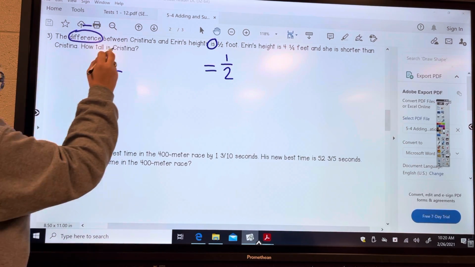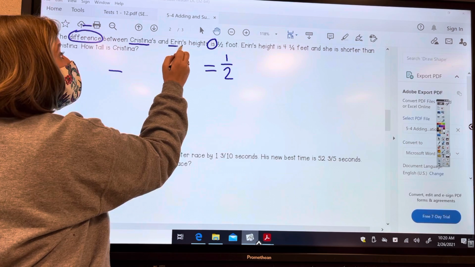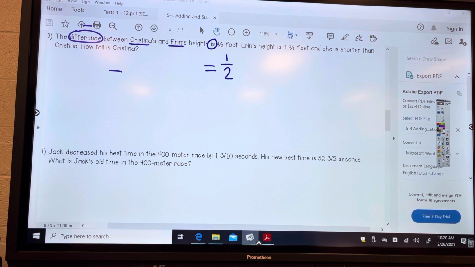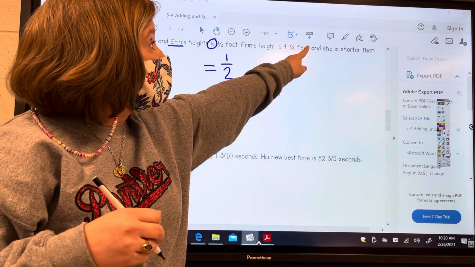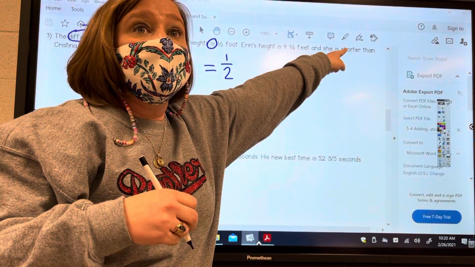All right, now it tells us that we want the difference between Christina and Aaron. But the taller person needs to be the first person, right? So who's taller? Christina is taller because Erin is 4 1/4 feet and she is what?